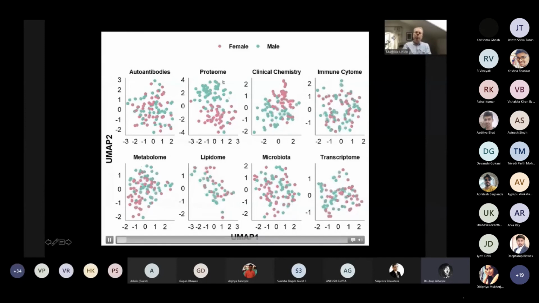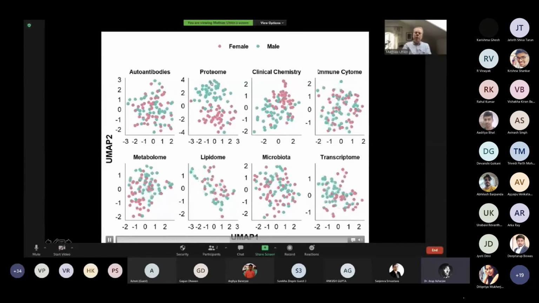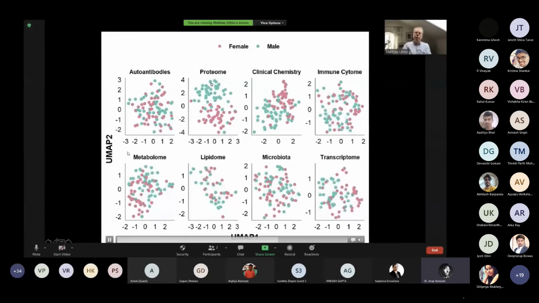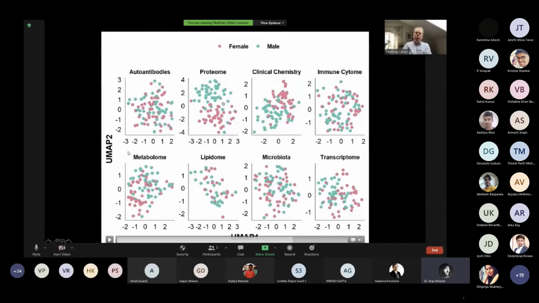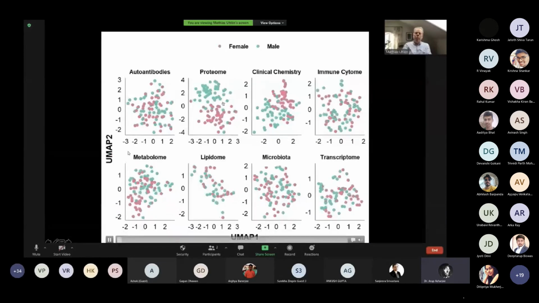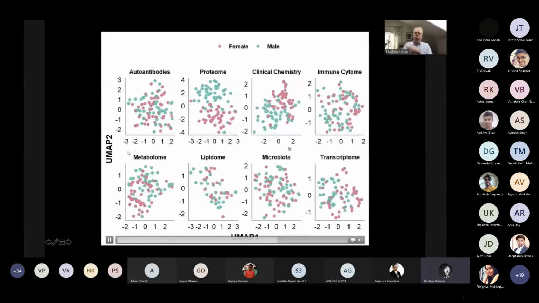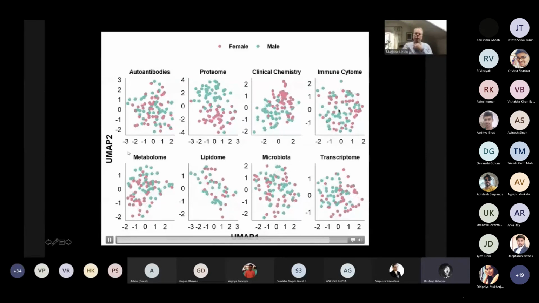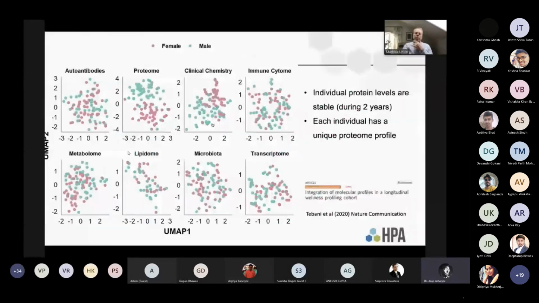And you can see for most of the individuals, they have an individual profile, as I said, but it's stable during 2 years. But then there are actually some individuals that are changing a little bit during these 2 years. You can also see that the other omics are much more variable. So the proteome is quite stable.